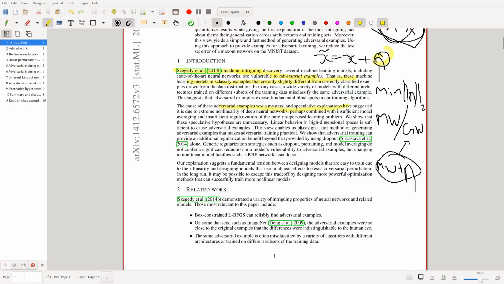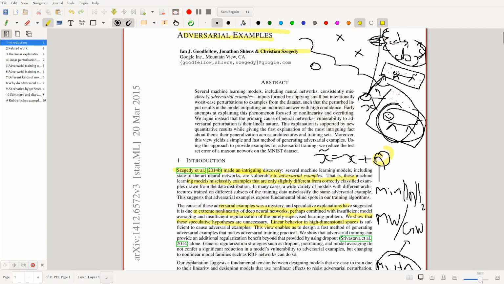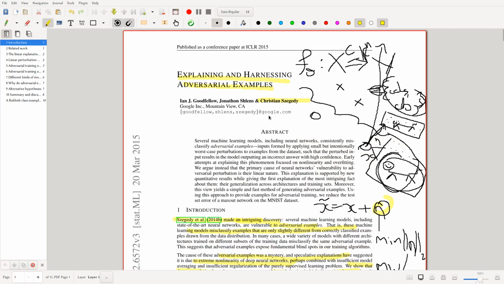The cause of these samples was a mystery, and it was suggested to be due to extreme nonlinearities. As the authors show, this is unnecessary. Linear behavior in high-dimensional spaces is sufficient. Wow, that's a pretty bold statement.